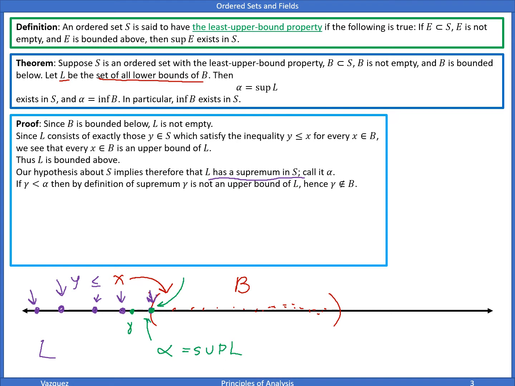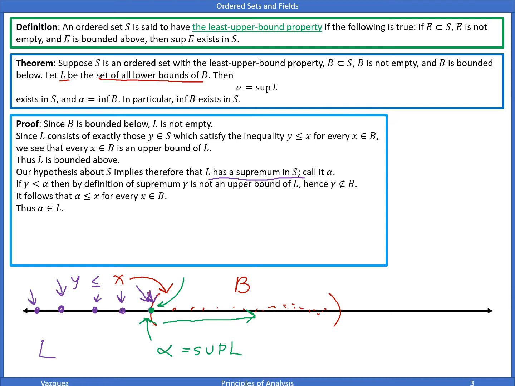And you can see here that this element of L, this one here, is greater than gamma. So it follows that alpha is less than x for every x in B. Let me erase gamma real fast. We can see here that alpha is less than all these elements in B.